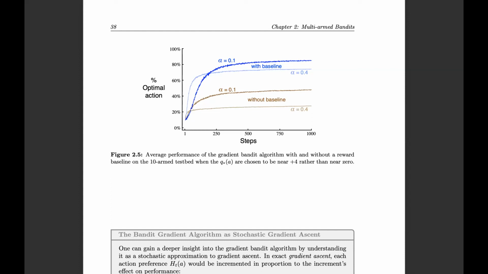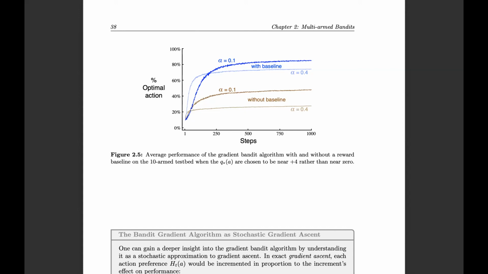Yeah, so I experimented a bit with this. I was implementing this in code to see how it works, and I made a small mistake when I didn't pass this +4 to the initial values. I didn't change the initial Q values, like the true distribution which we are trying to estimate during the process.